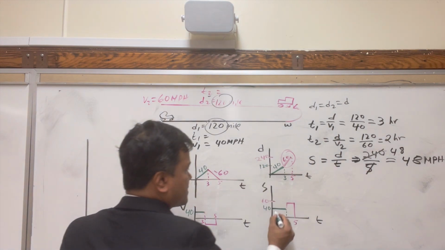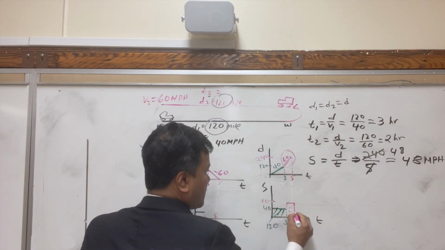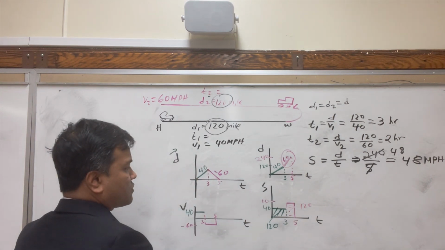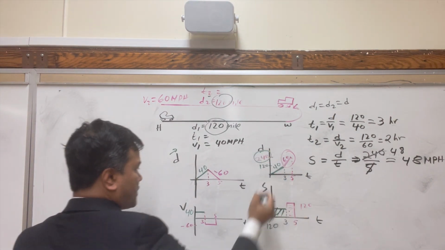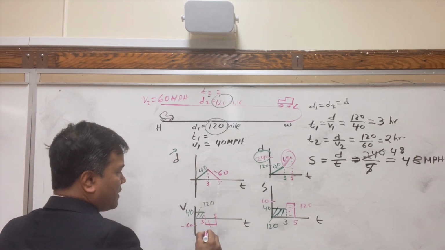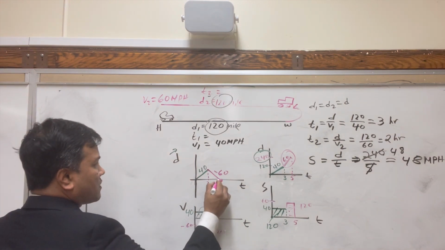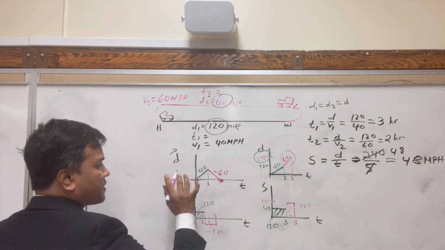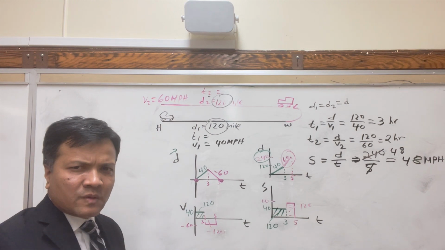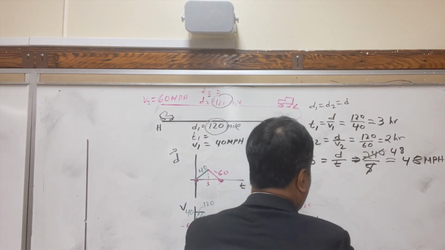Area under this is 120, 120 plus 120, 240. Then negative 120, 120 minus 120, 0. This is your home, you return to home, 0. This is all you need to know for tomorrow.